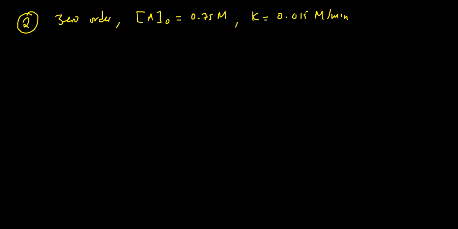The initial concentration is there, the rate constant is also there, and then let's say they ask us what will be the concentration after, let's say, 15 minutes. So determine A, the final concentration at 15 minutes.